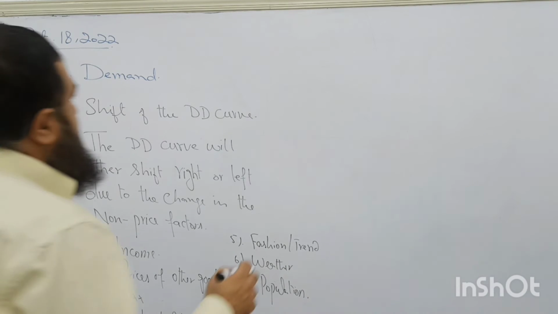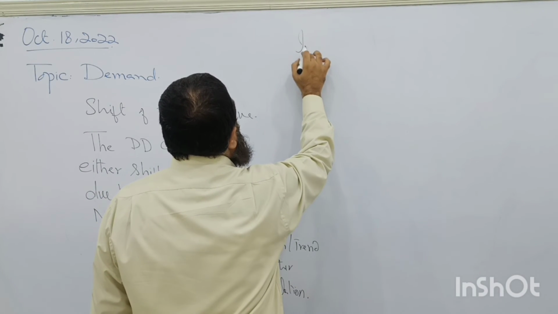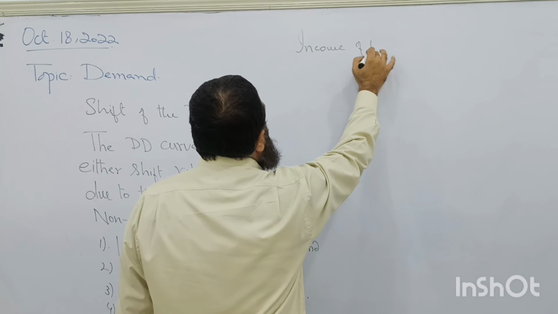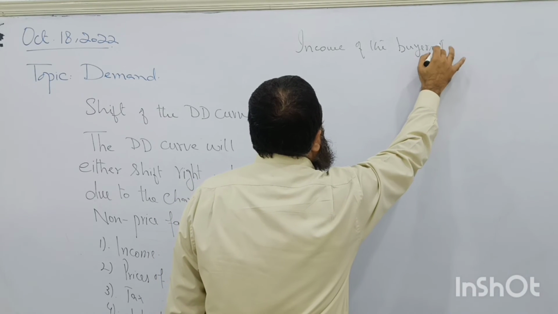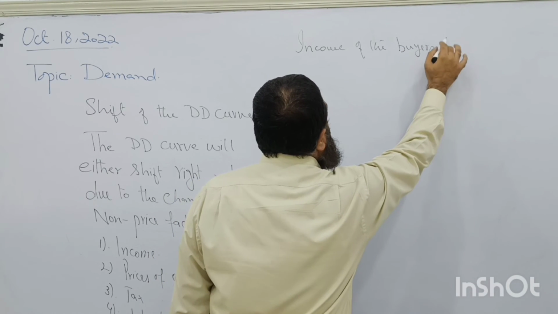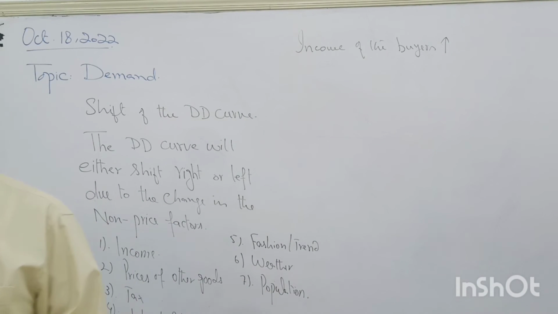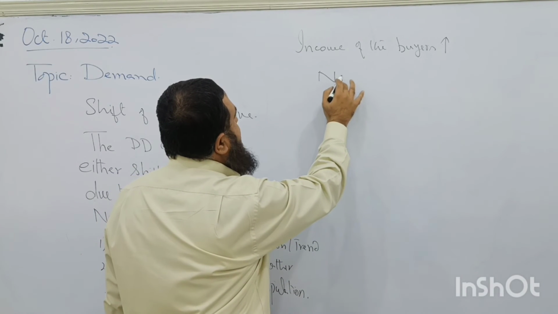So for example, first of all, we take the income. If income of the consumer increases over the period of time, now income is increased. People are able to earn more income than before. What happens? There are two types of goods with respect to income.